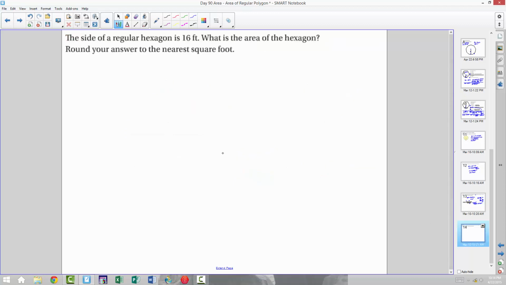I give you a side of a hexagon, which is 16 feet. What's the area? Given side length, I want area. It's the same formula.